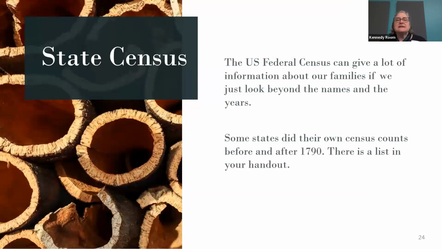So, state censuses, I'm not going to hit on this too much because our topic is federal tonight, but the federal census can give you a lot of information about your family if you look beyond just the names and the years. I've had moments where I looked back at a census where I thought I knew all of the answers and went, wait, what's that tick mark over there for? Oh, they served in the military. I didn't know they served in the military.